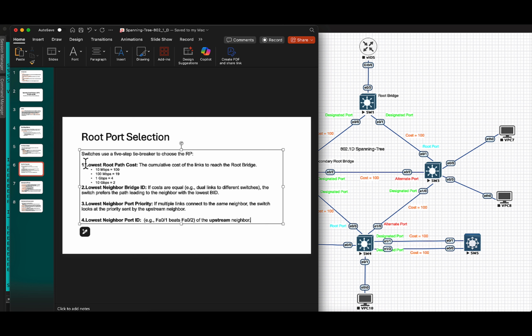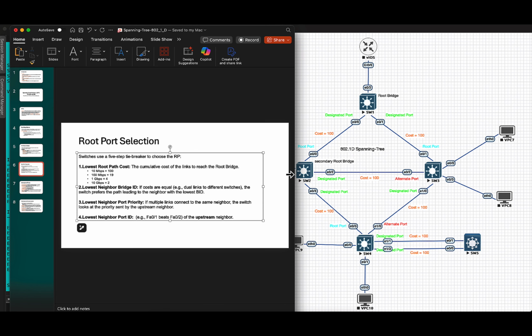A switch will go through 1 to compare, 2 to compare, 3 to compare, 4 to compare, until it finds something that it could definitely say makes the interface the root interface. Let's take a look at number 1 first, the lowest root path cost.